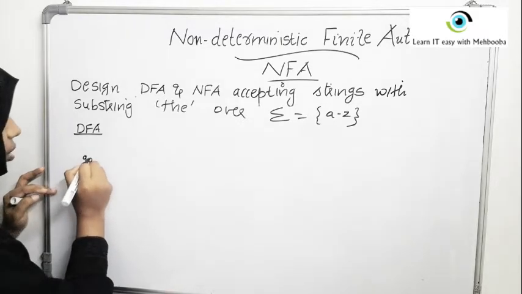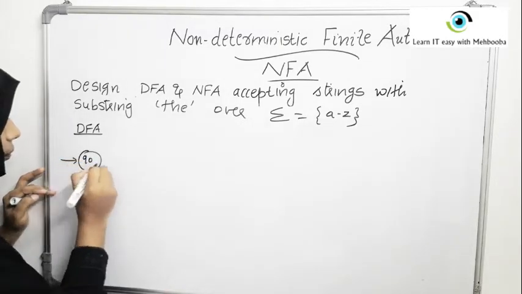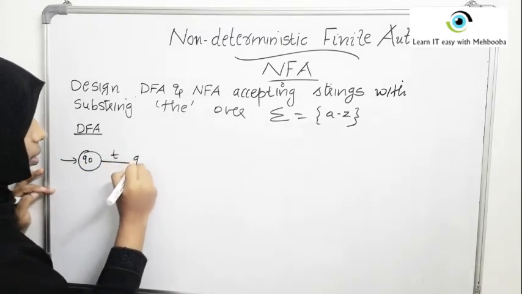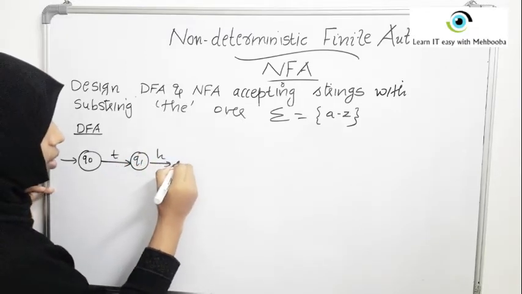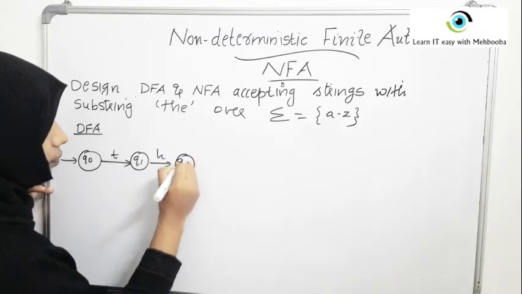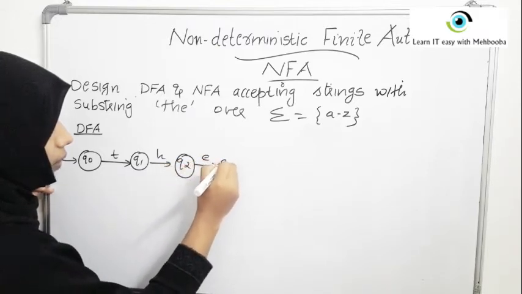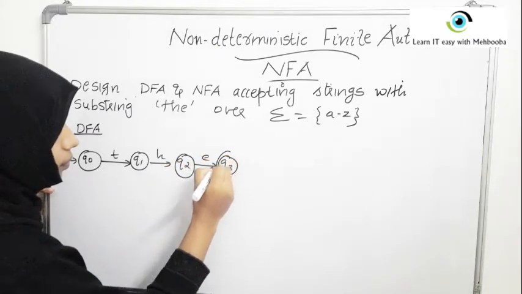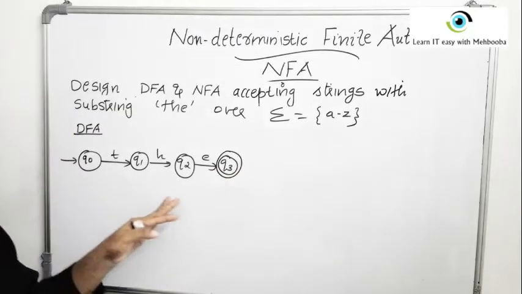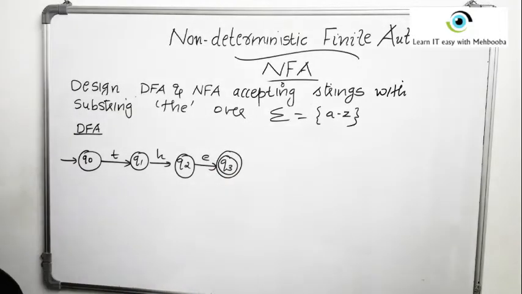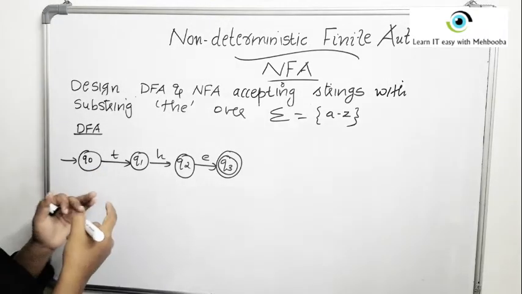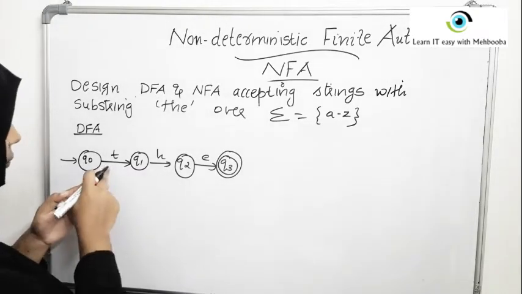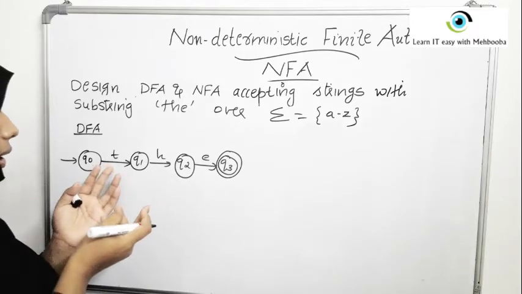The minimal string that contains 'the' is 'the' itself. So Q0, T, Q1, H, Q2, E, Q3. So T, H, E. Now, what happens if it is anything other than T here?